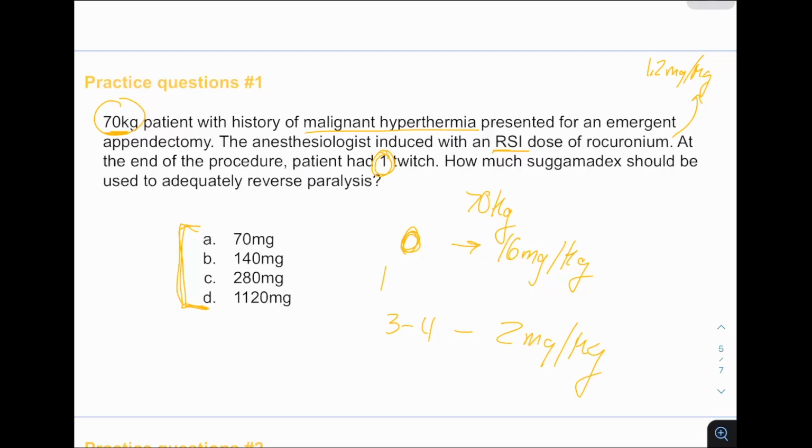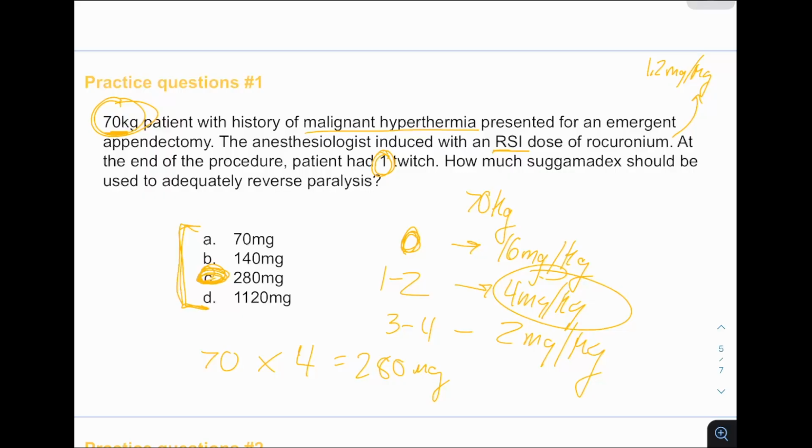But if the patient only has 1 to 2 twitches, you would then give 4 milligrams per kilogram. So this is the dosage you want to use. Our patient weighs 70 kilograms, so you would just do 70 times 4, and that would give you 280 milligrams of Sugammadex. So the answer is C, 280 milligrams of Sugammadex.